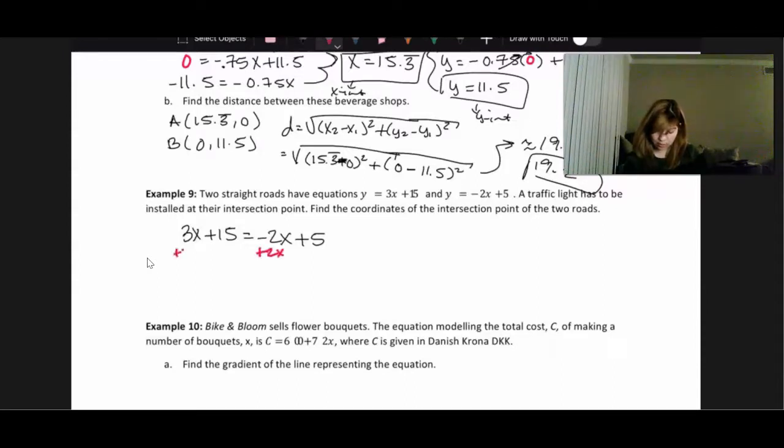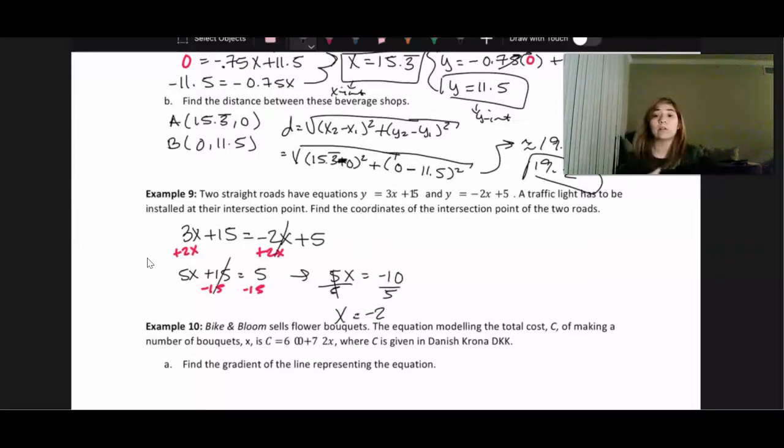I'm just going to get all my variables to the left side. 5x plus 15 equals 5, and then give my constants to the right. 5x equals negative 10. Divide by 5 on both sides. x equals negative 2.